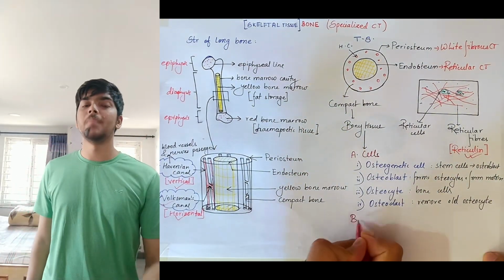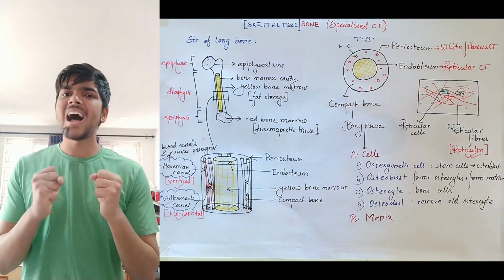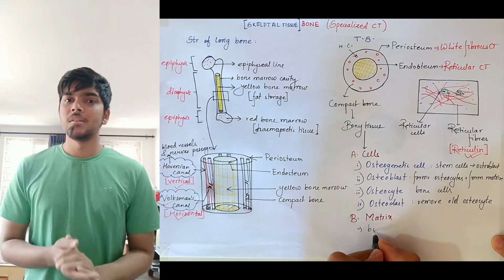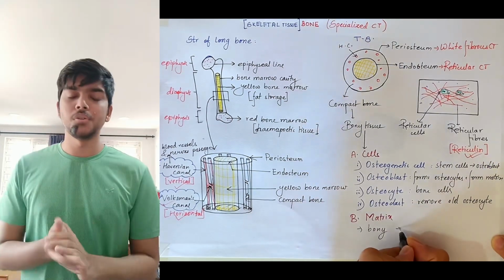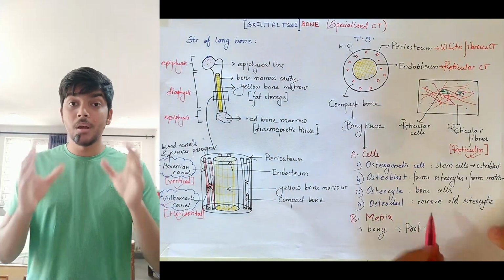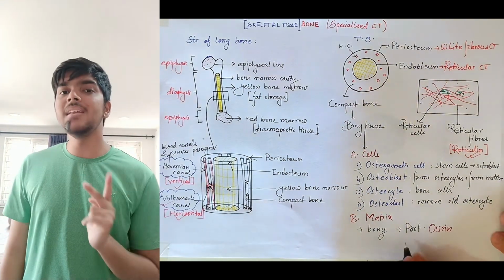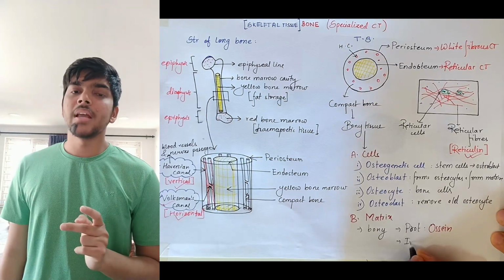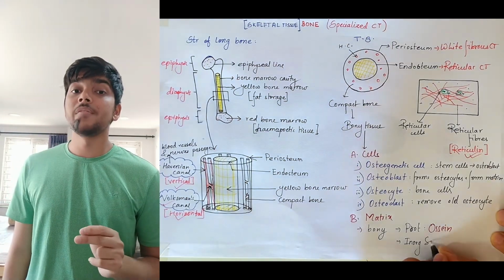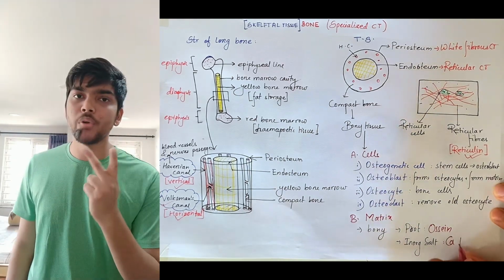Okay, next, matrix. The matrix of the bone is bony. That is, it is hard and compact, so-called compact bony tissue. It contains the protein ossein. Important. Number 2, it contains inorganic salts. The inorganic salts that are present are salts of calcium, which includes calcium phosphate and calcium carbonate.